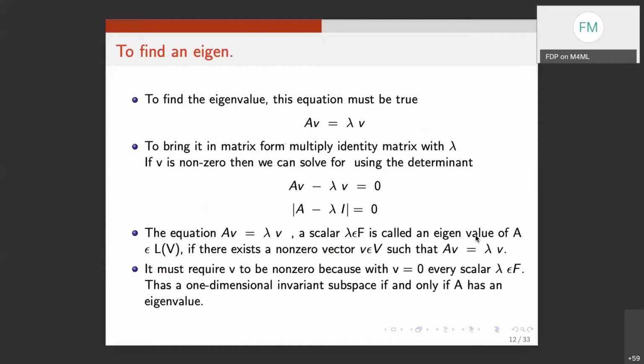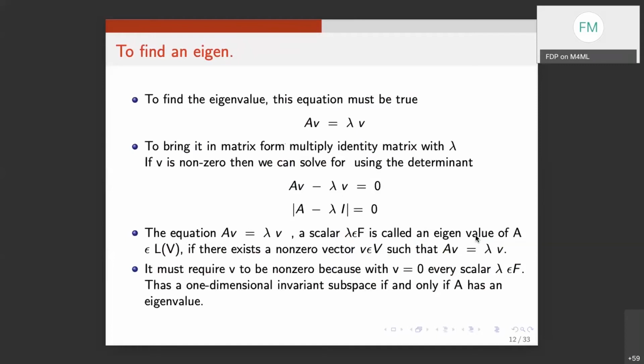A scalar lambda that belongs to some field is called an eigenvalue of A if there exists a non-zero vector v, where small v belongs to capital V, such that Av equals lambda v. So how do we find this?